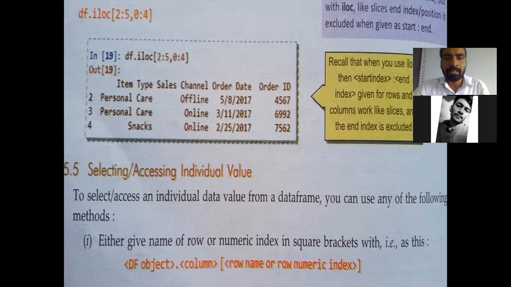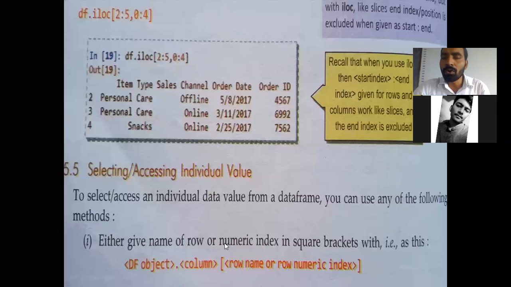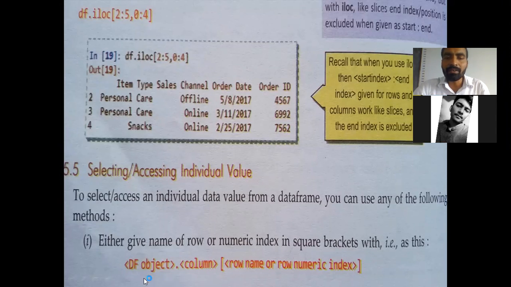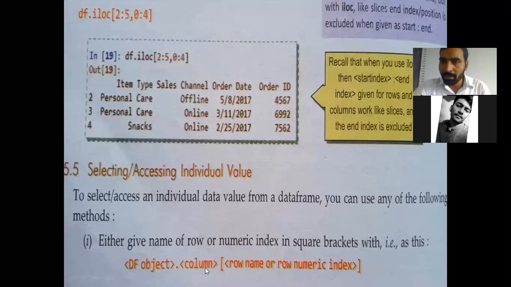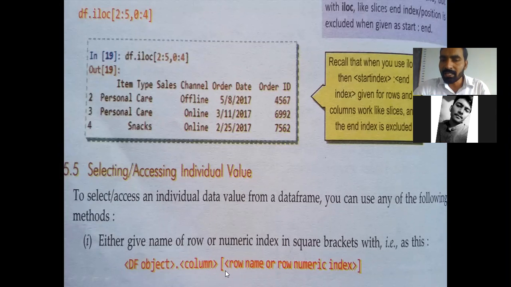For that, there is a very simple syntax: either we can give the name of the row or the numeric index in square brackets, as given here. We can type the data frame name dot the column heading, then in brackets the row name or row numeric index, and this will provide the particular single value of that column with the matching row.